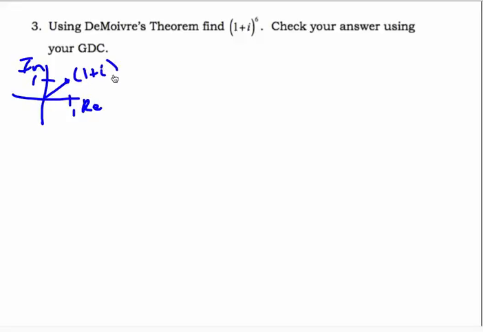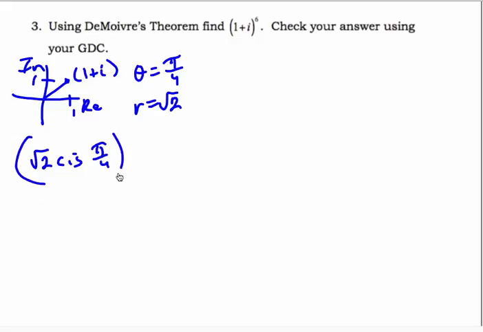We can see the argument is π/4, or 45 degrees, and root 2 is the modulus. So we can write this as (√2 cis π/4) all to the power of 6. Using De Moivre's theorem, first let's do √2 to the power of 6, which is 8.